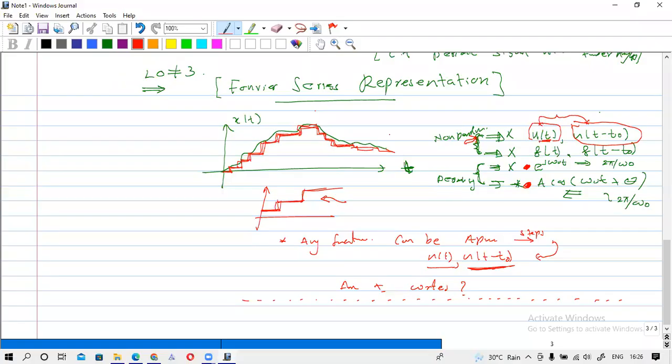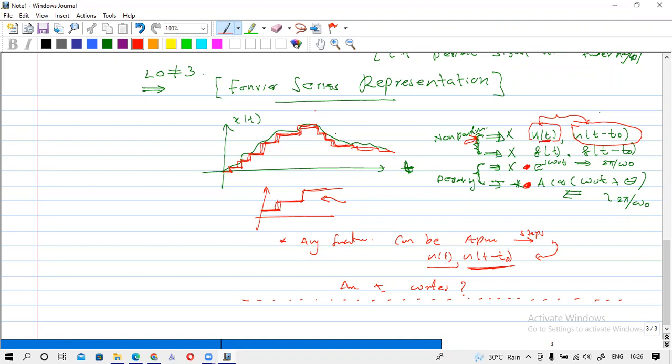Anyway, so what is the idea here? You should get the idea that any function, any signal can be represented using the unit step signal.